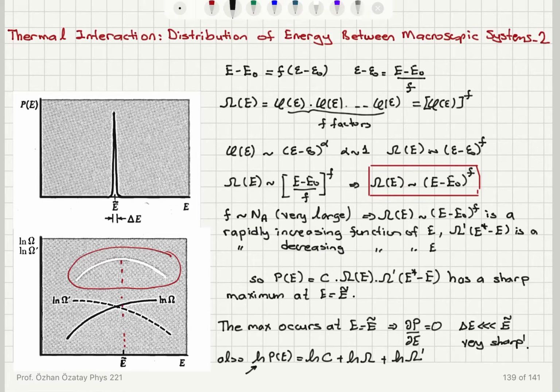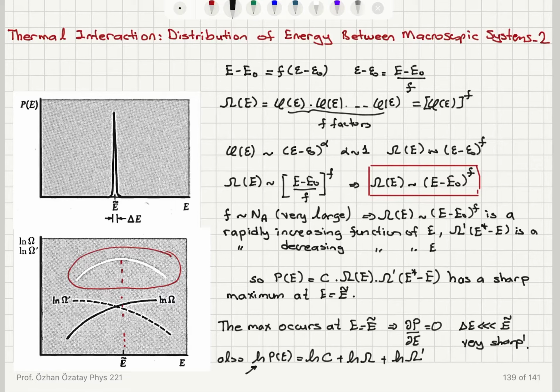So epsilon minus epsilon 0 is the total energy minus the total ground state energy, divided by f. And the number of accessible states at this energy was equal to the number of values each quantum number can have for energies less than epsilon. And this is done f times, so it is phi to the power f.